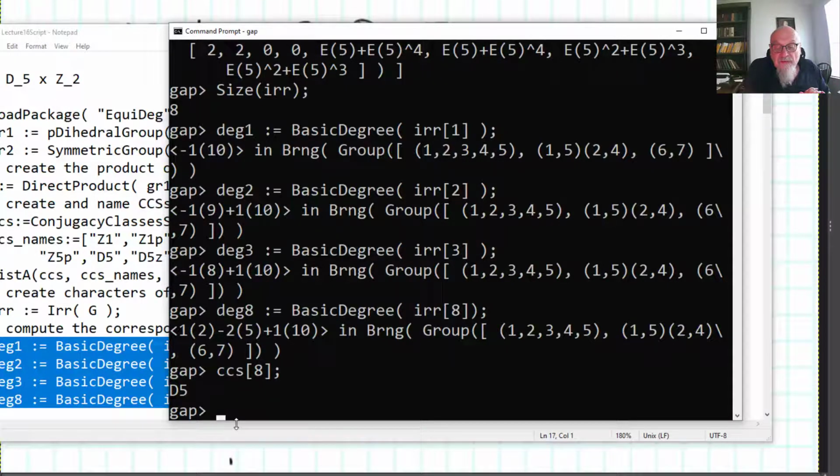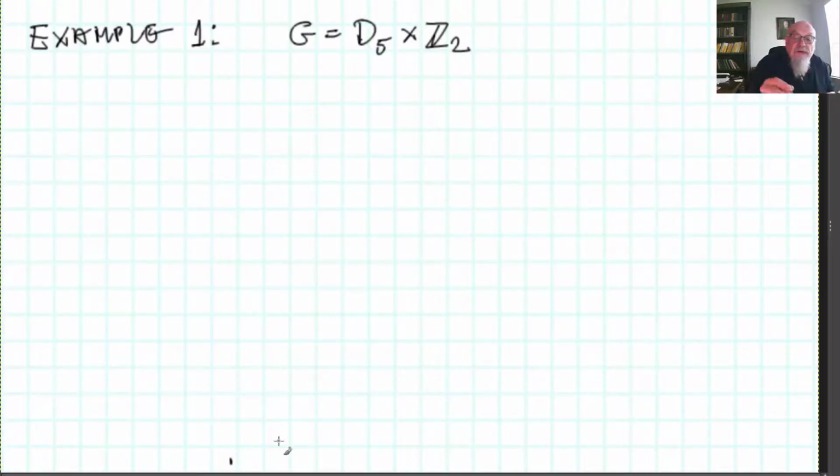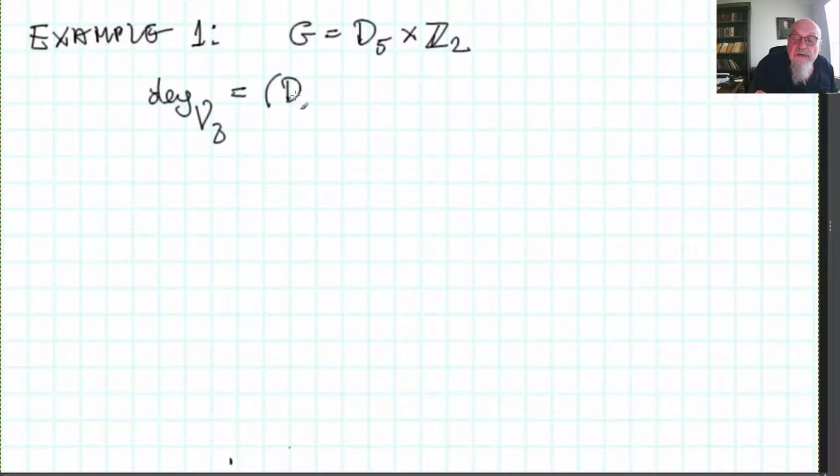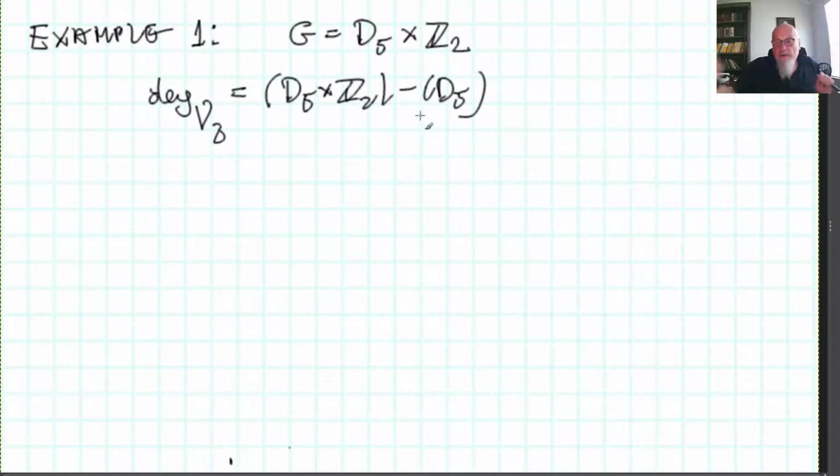So you can just simply say that degree of V3 is equal to D5 times Z2 minus D5.